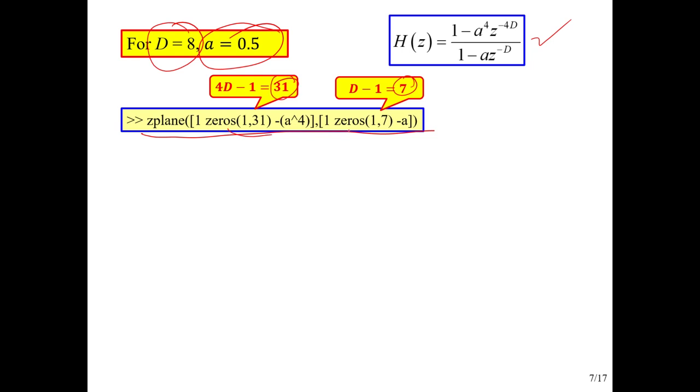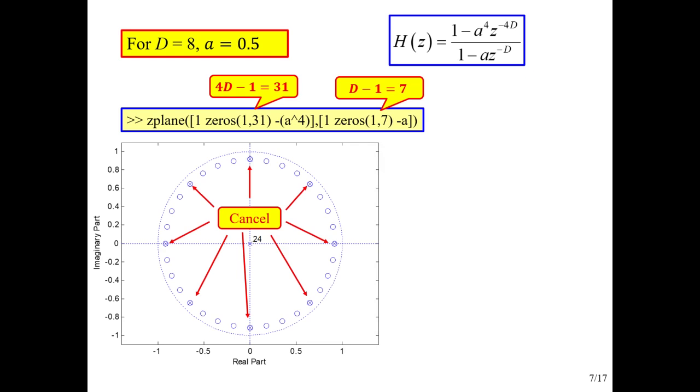So that's how I figured out how many zeros to put in there to make this polynomial here. And so now if I run that, I get something that looks like that. Now that does show all the poles and zeros, and it shows them where they cancel.